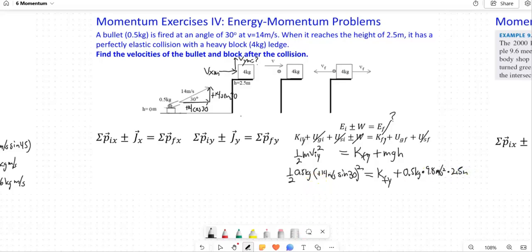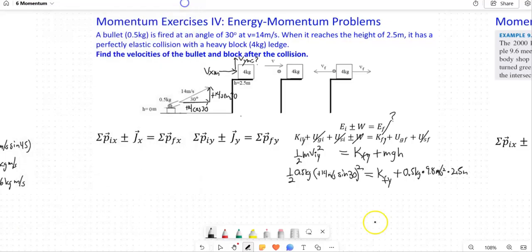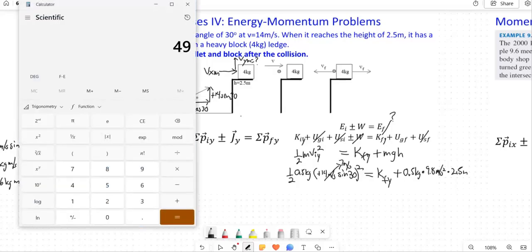Okay, let's start calculating. This right here, 14 sine of 30, is just 7 meters per second, since sine of 30 is a half. So we take 7 squared, which is 49, times 0.5 times 0.5, which is 12.25 joules.